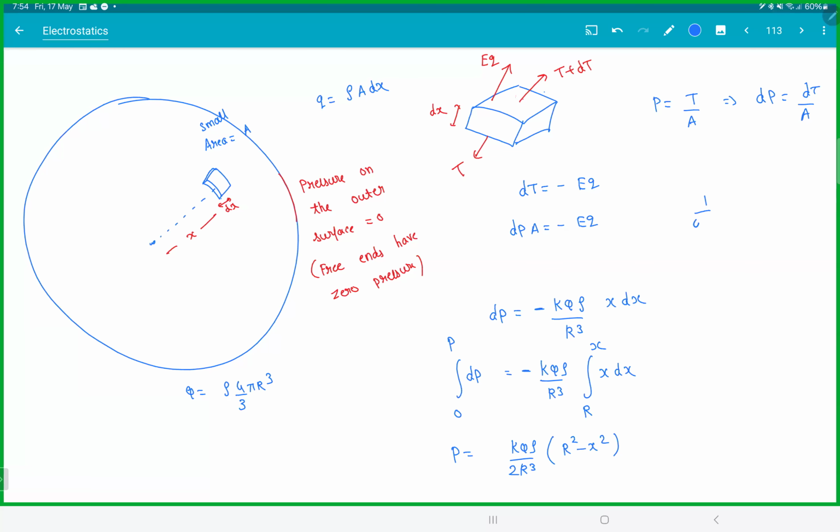So that is 1 by 4 pi epsilon. Q is rho 4 by 3 pi r cube. One more rho. There's a 2r cube. So r cube goes off. 4 pi goes off. You end up with rho square by 6 epsilon. Chalo, that's your answer. It's a good result. This is the pressure inside a sphere. I will write down here.